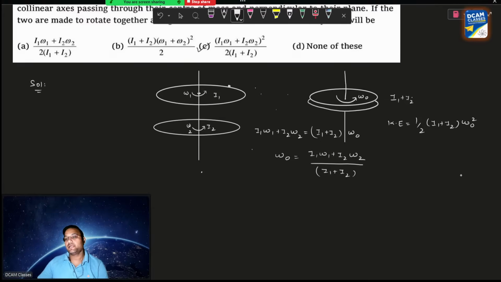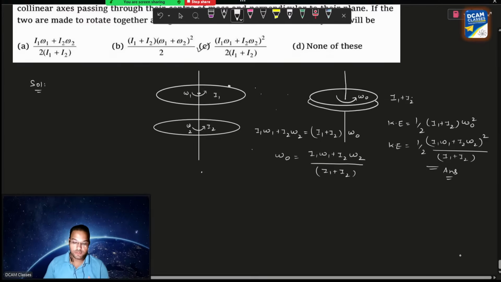So the kinetic energy you will use is half I omega square, because it is completely rotation only. Put this value and get the answer. It will be half into I1 omega 1 plus I2 omega 2 whole square divided by I1 plus I2. That's the answer.